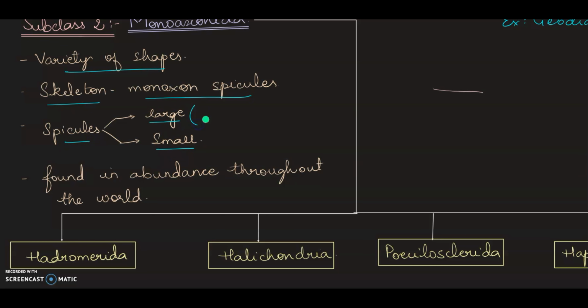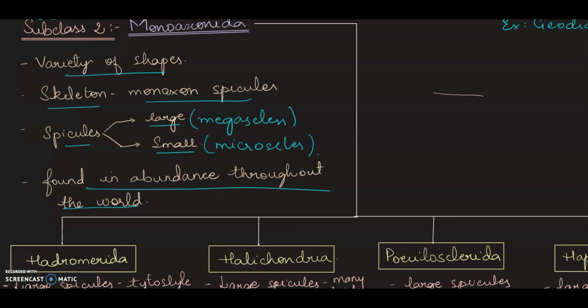Large size spicules are also called megascleres. We have already discussed this. And small size spicules are also called microscleres. Sponges of this subclass are found in abundance throughout the world. Now we'll be discussing the orders with respect to spicules only.